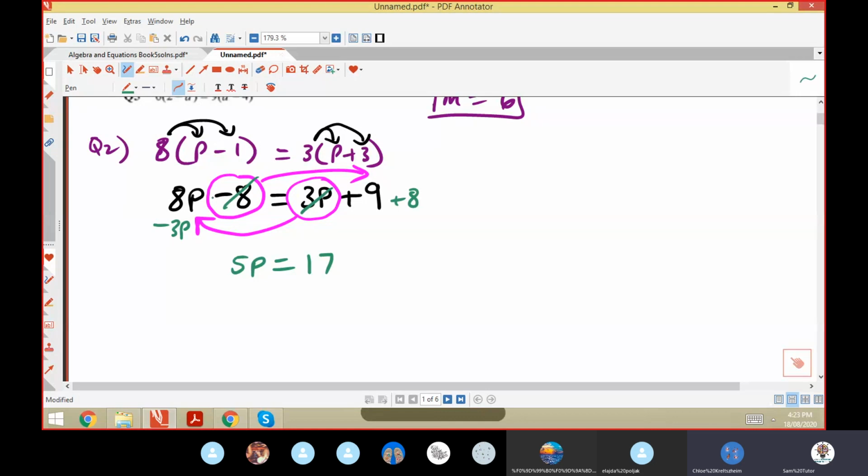And then you're one step away. 5p, divided by 5 on both sides. Done. 17 over 5. Very good job, that was amazing. Simple, huh? In your exam, worth 1, 2, 3 marks. So it's a pretty serious question.